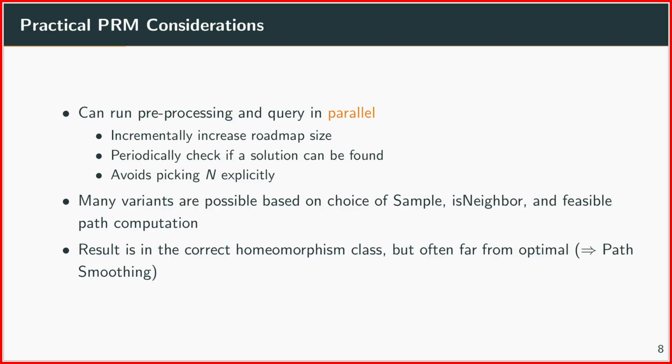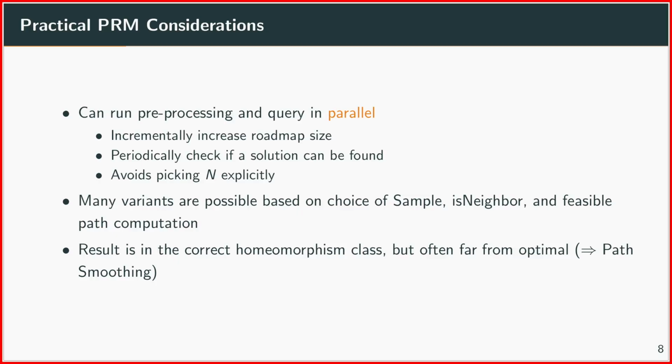So usually how this works in practice is that you sample a point, you check if this is already enough to find a path for your problem. Then you sample another point, you check again, and so on. And at some point you will be at a certain number of points, you will have found a path, and then you can say, okay, at least I have a solution now, and now it's only about improving my solution.